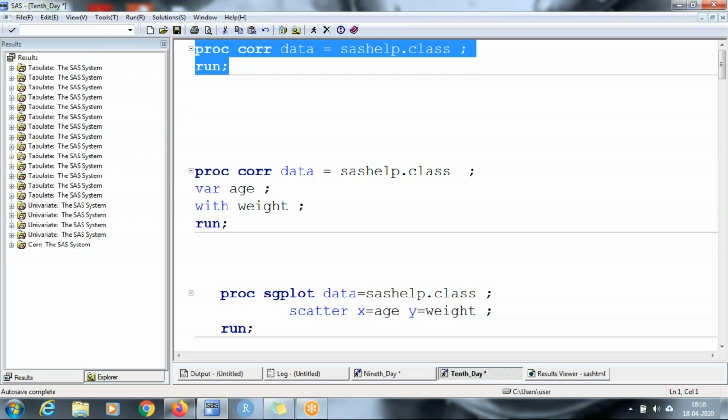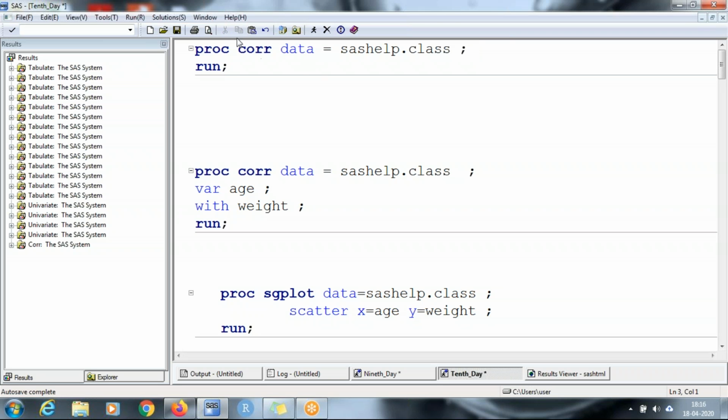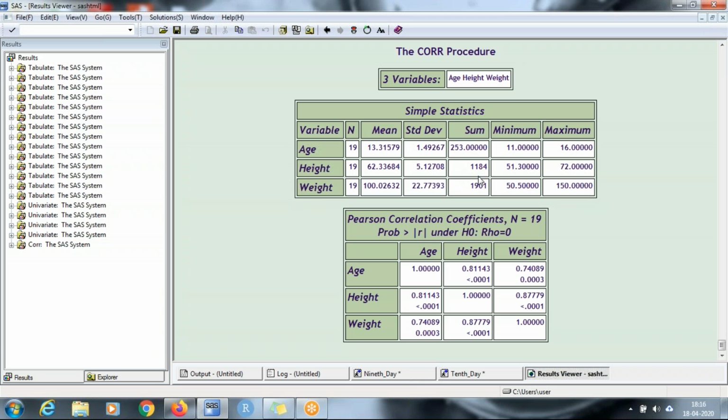Okay, so let's talk about the proc correlation. So simple proc CORR data, and once you submit this you will get this output. So this is simple statistic, or it's the output of your proc means followed by the output of your correlation, Pearson correlation coefficient.